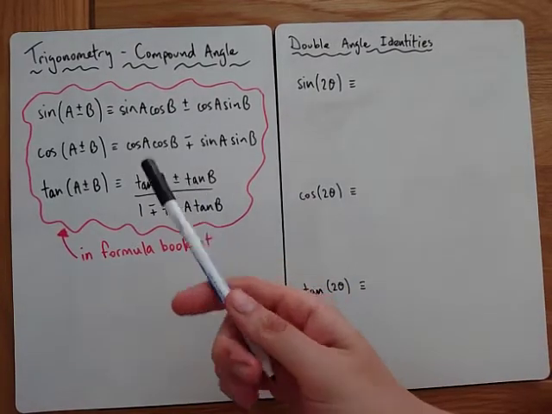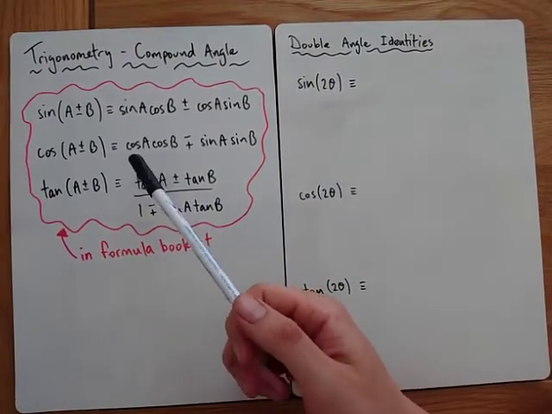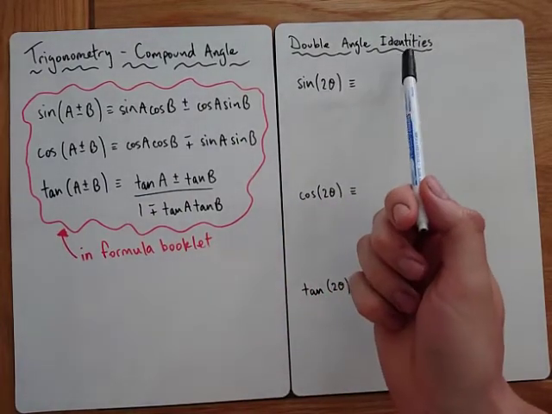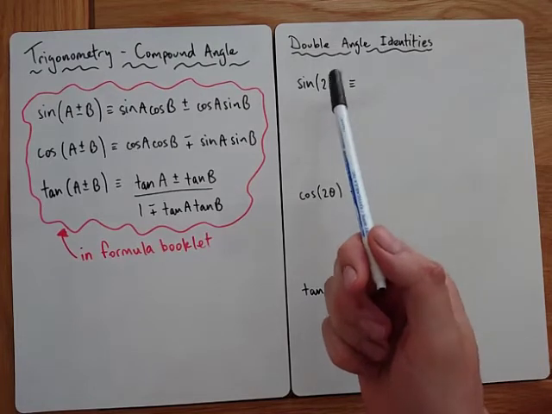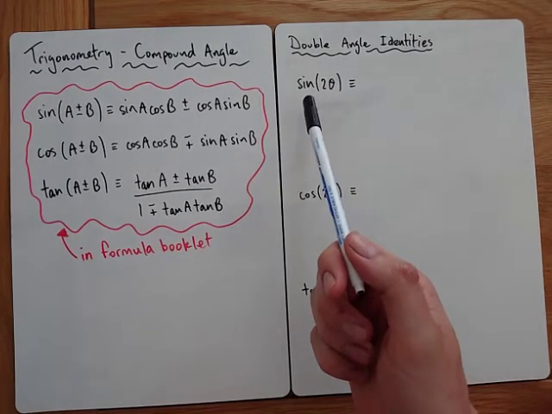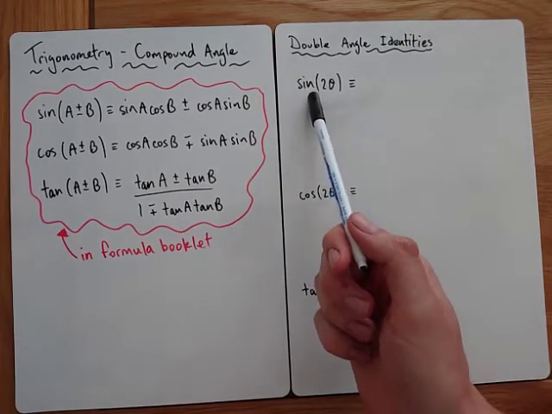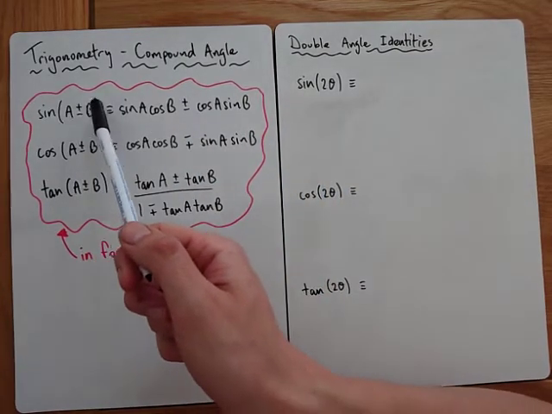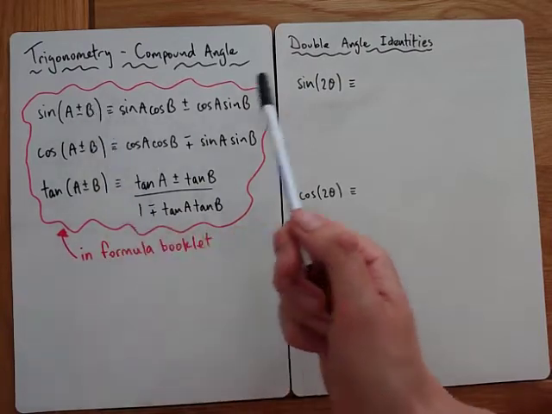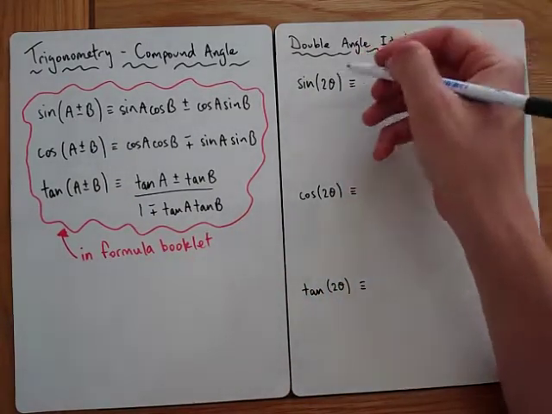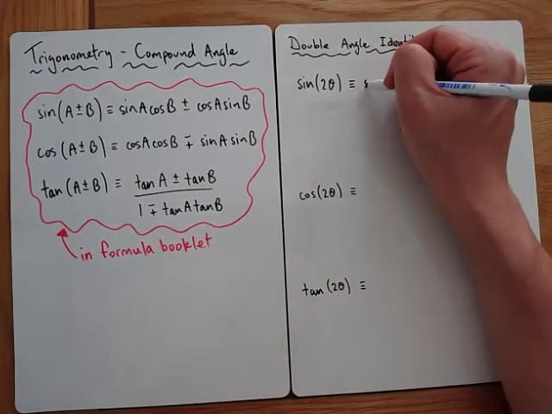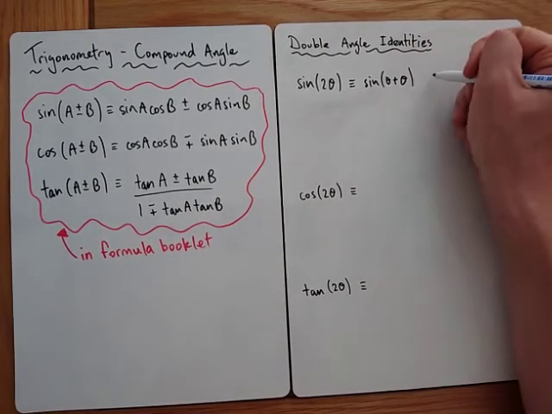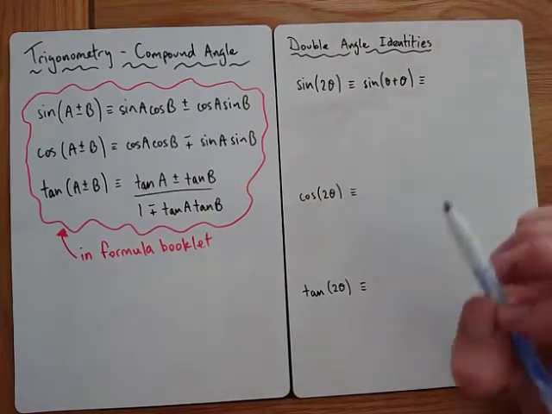Okay, so a good application of these identities that we do get in the formula booklet is we can now get expressions for double angle identities. We don't get these in the booklet, so we're going to have to remember these. So if I said, what is sine of 2 theta? We can use this property for a plus b to help us write this in a different way. Just think about 2 theta as theta plus theta.